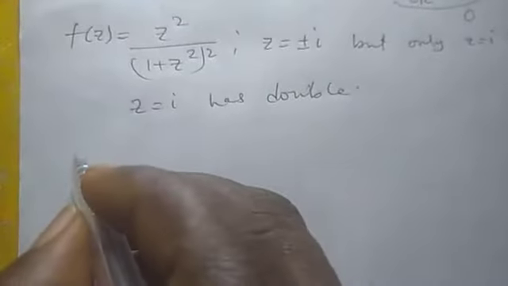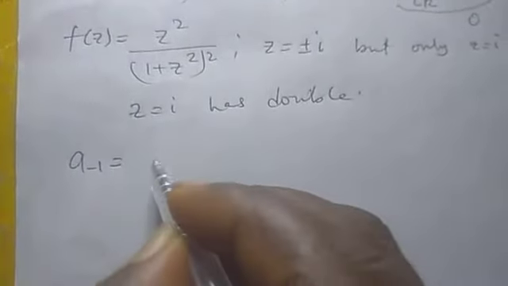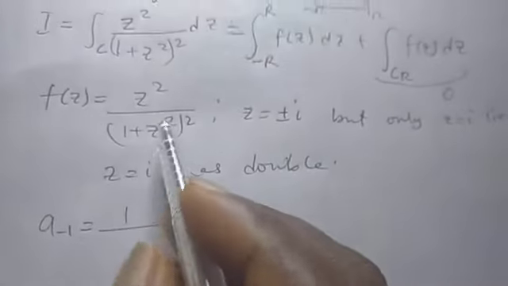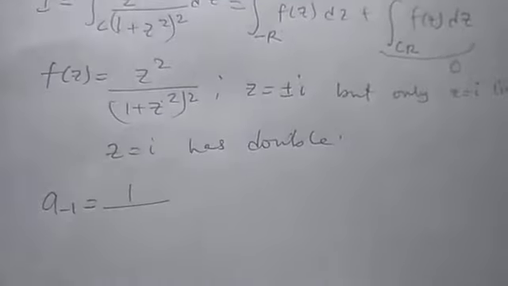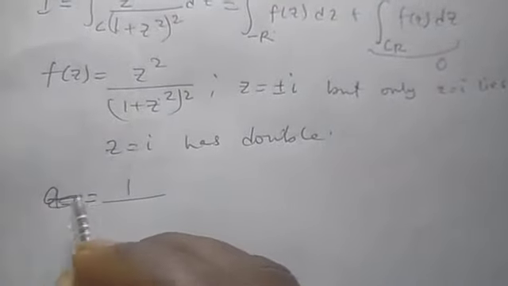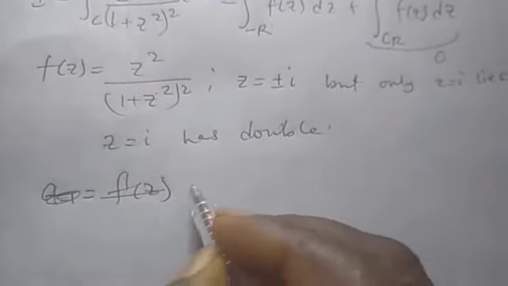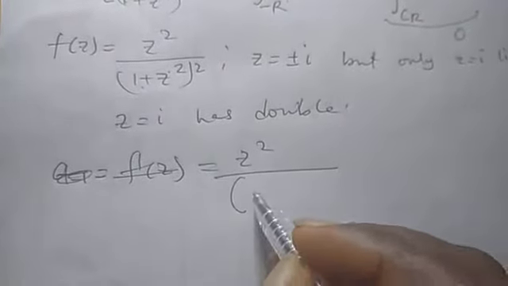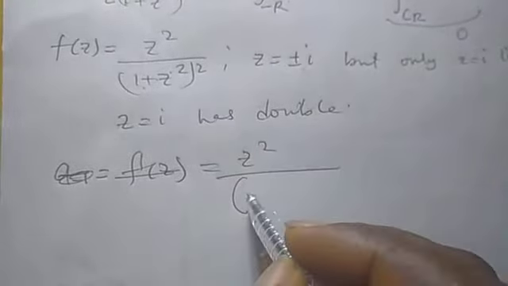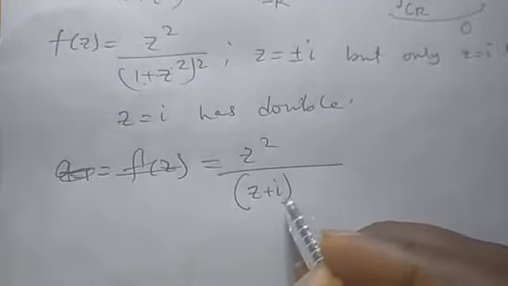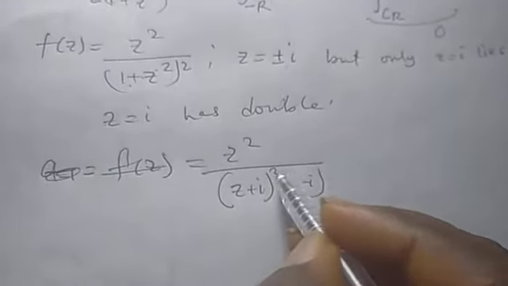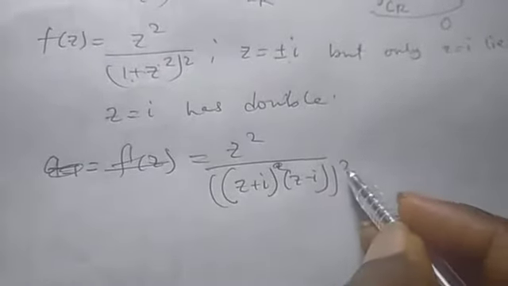So we need to recall our residue for a double pole. Before I do this, for clarification, 1 plus z squared is z plus i times z minus i, but there is a square on it, everything squared.